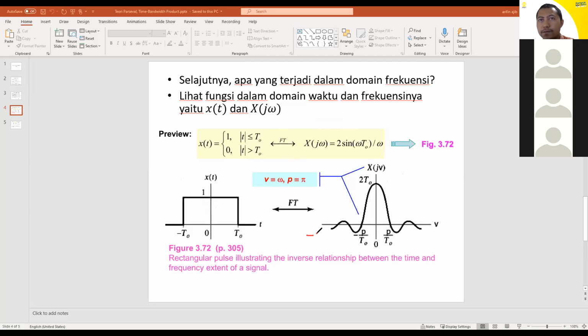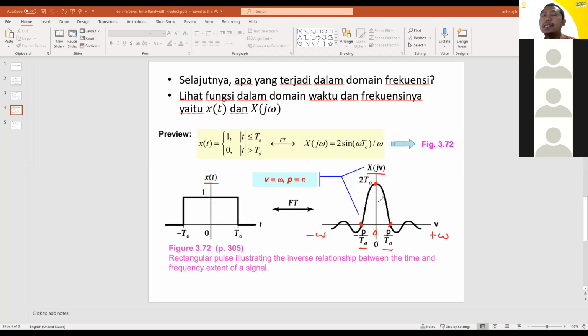This is a negative frequency, this is a positive frequency, and the peak is at the center at 0 frequency, and this point is pi divided by t0, and this one is minus pi divided by t0. That's the form of the signal in the time domain and the frequency domain.